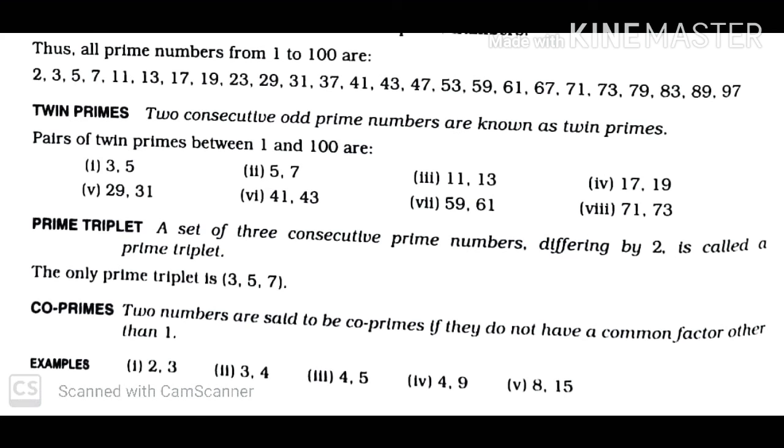Next is co-prime numbers. What are co-prime numbers? Two numbers are said to be co-prime if they do not have a common factor other than 1. For example, 2 and 3 have only 1 as a common factor. 3 and 4 have only 1 as a common factor.